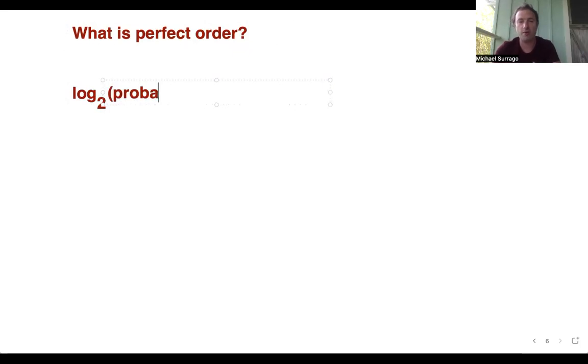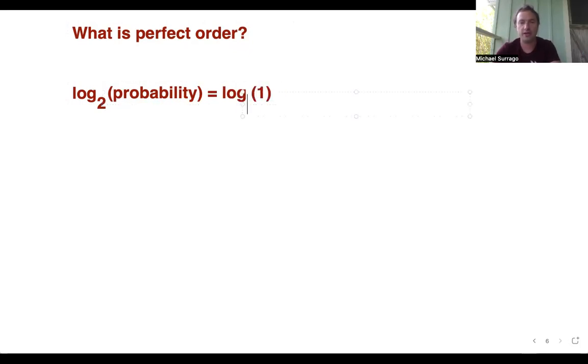Now let's also look at this idea of what is perfect order. Let's just use the equation on this one. So the entropy that's going to be found in perfect order: if you have a perfectly ordered system, what is the probability that you're going to find what you want? Well, it would be 100% or 1.